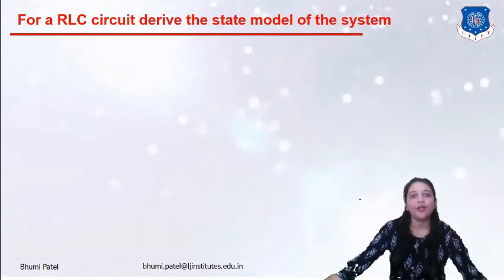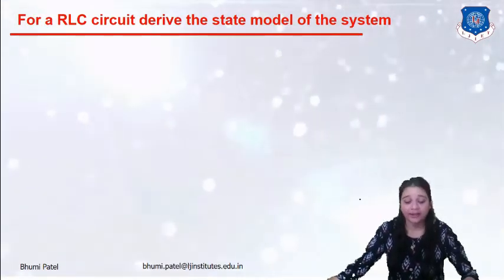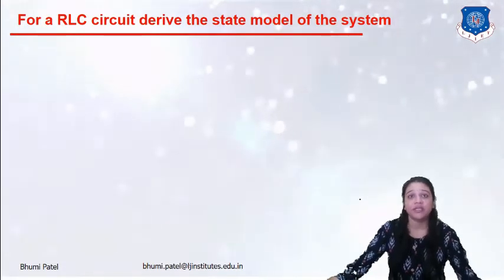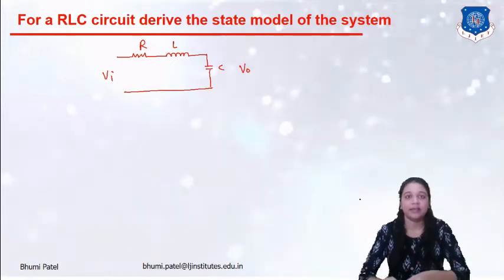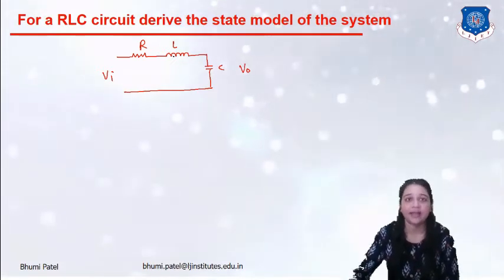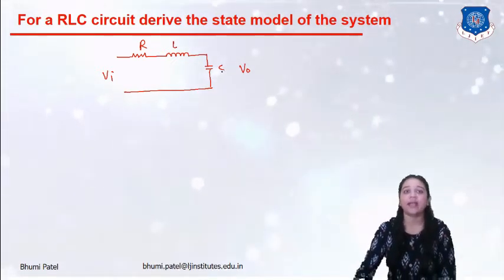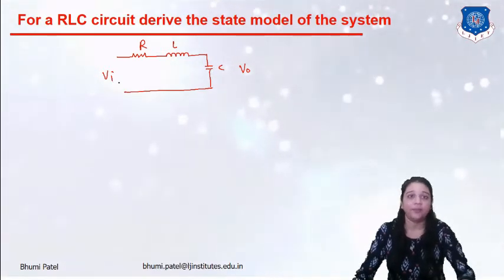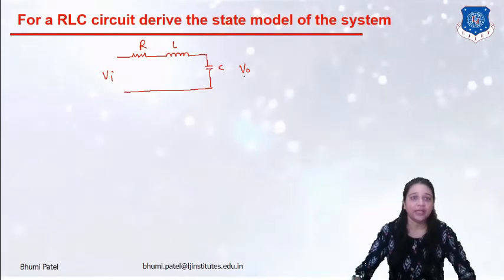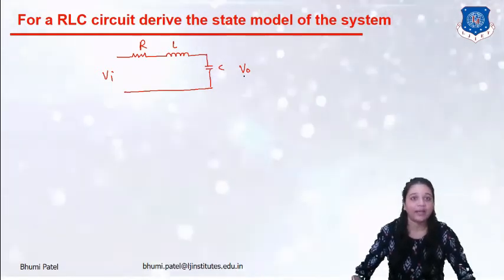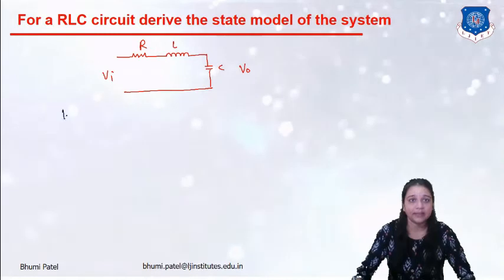Now, today's topic is: for an RLC circuit, derive the state model of this system. The RLC circuit is given, where R is the resistor, L is the inductor and C is the capacitor. Vi is the input voltage and V0 is the output voltage. Using KVL and KCL, we write the equation of this RLC circuit.